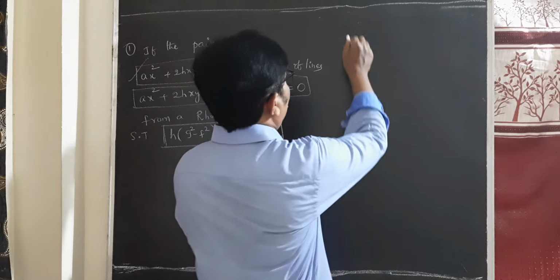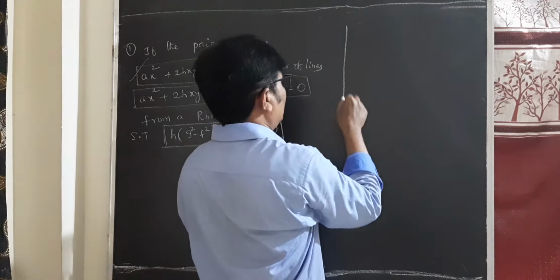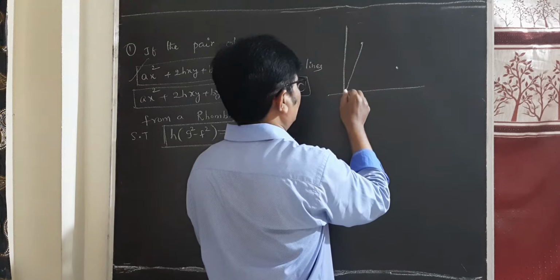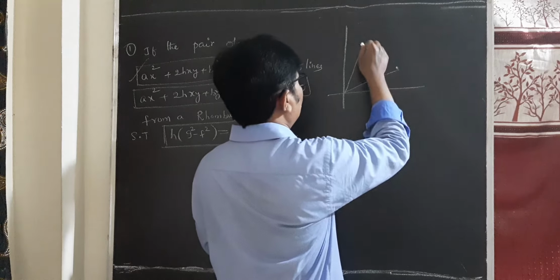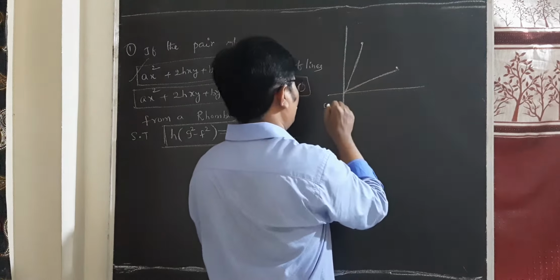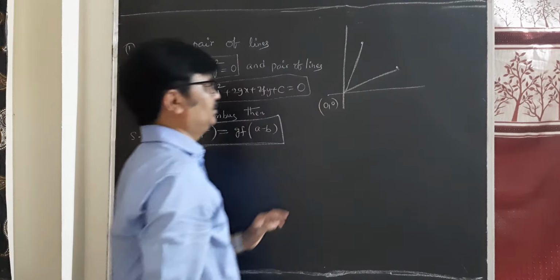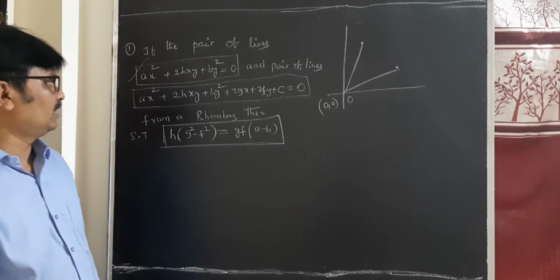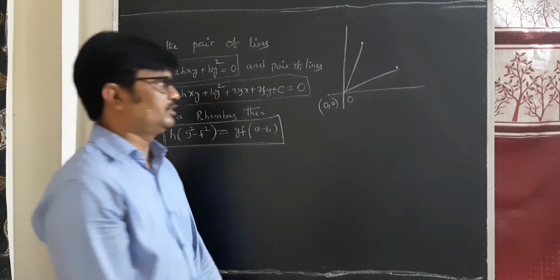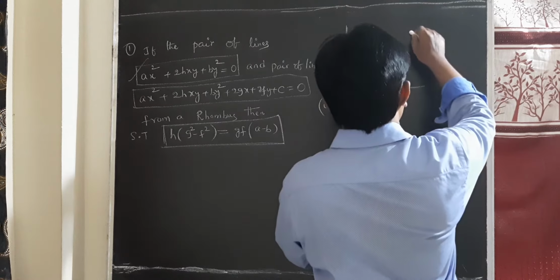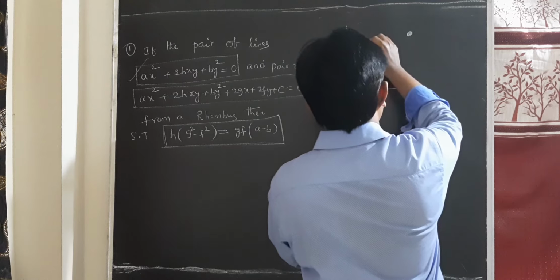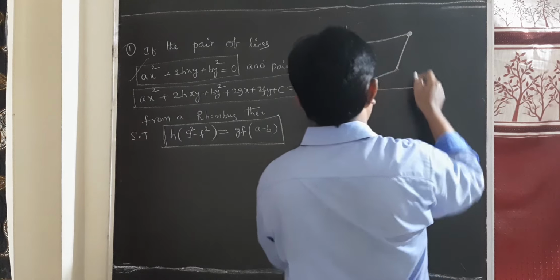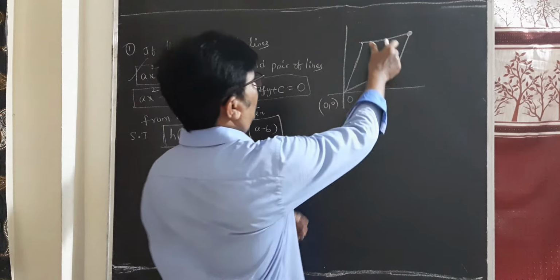Now students, for the first pair of lines, we know that these are passing through the origin. Everybody knows the first pair is passing through the origin. So this is O. Now the another pair does not pass through the origin.